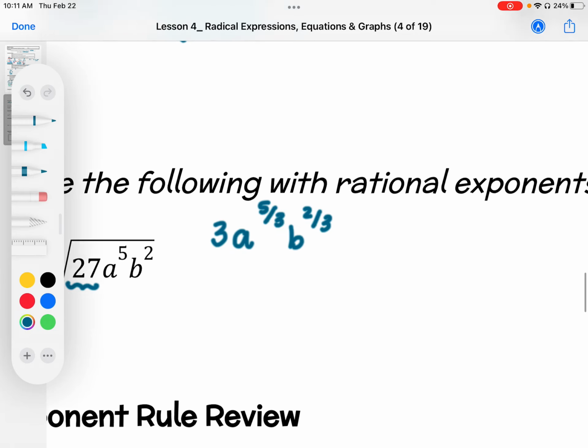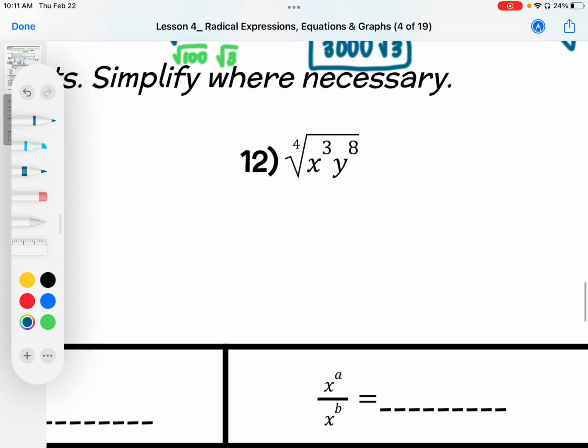All right, then looking at the next one, we have x to the 3 over 4, y to the 8 over 4, and if we can simplify those fractions, we should do it. So we can't simplify 3 over 4, but we can simplify 8 over 4, which would just be y squared.